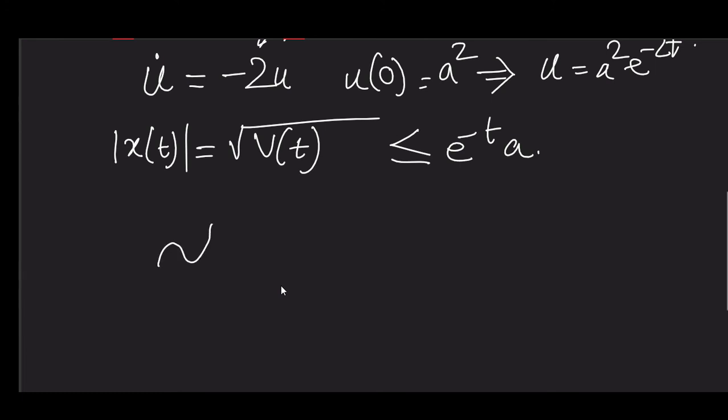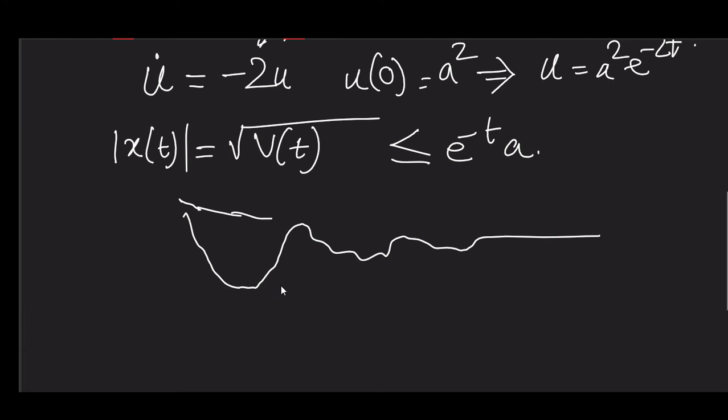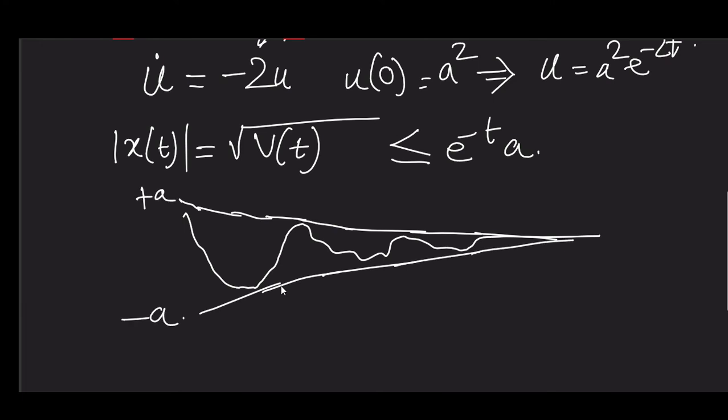x(t) should be monotonically decreasing, like some, it will be upper and lower bounded by plus a and minus a, right?